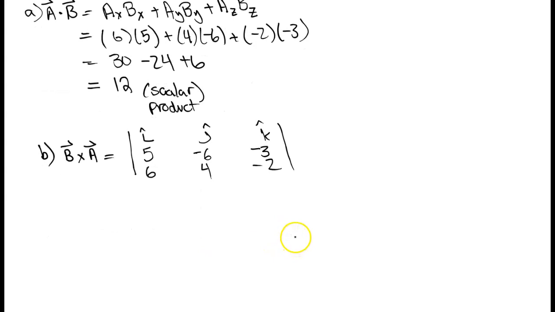And if you recall from your college algebra, if you've taken determinants, the determinant of a matrix is defined by expanding over a row or a column. It is much easier to use the first row, which gives us a positive i hat, and then we delete the column and the row where the i hat comes from, and we notice that we have negative 6, negative 3, 4, and negative 2.